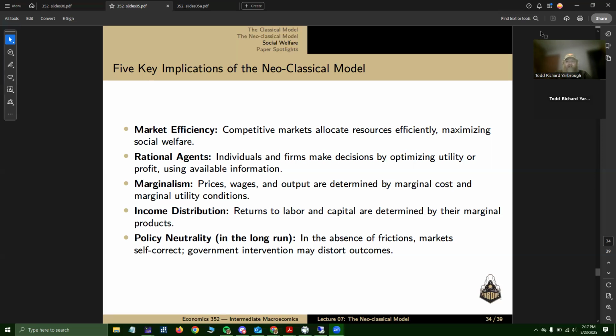So both the classical and neoclassical views take on this concept. It's called the classical dichotomy very often. And it basically says we can essentially ignore nominal concepts and only therefore think about real values, which allows us to effectively ignore prices.